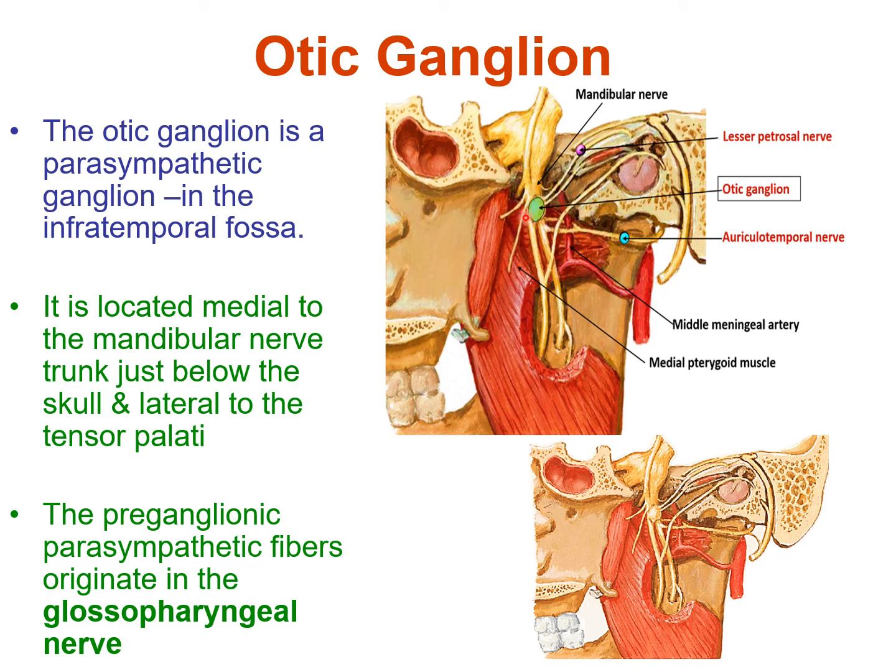The preganglionic parasympathetic fibers originate in the glossopharyngeal nerve, that is the ninth cranial nerve. So the otic ganglion lies in the infratemporal fossa, located medial to the trunk of the mandibular nerve, just below the skull, and lateral to the tensor palatini muscle.